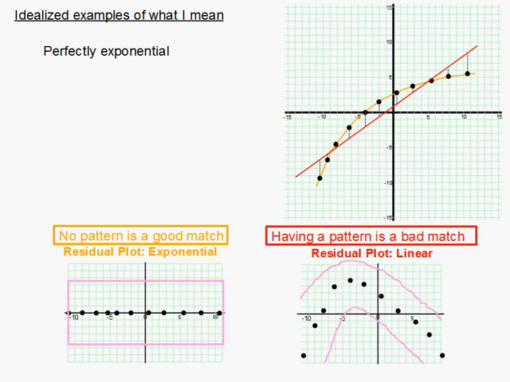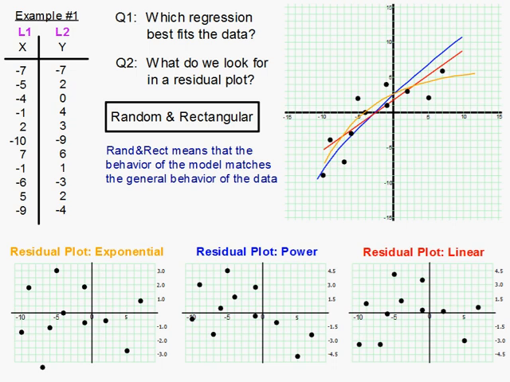And in fact, with a patterned one, you'll also get sort of a range. But again, there'll be this kind of pattern to it, which is exactly what we saw when we looked at our residual plots. So what we can say is because it's random and rectangular, the residual plot for exponential is the best residual plot, which is very convenient that it's also the best coefficient of determination.